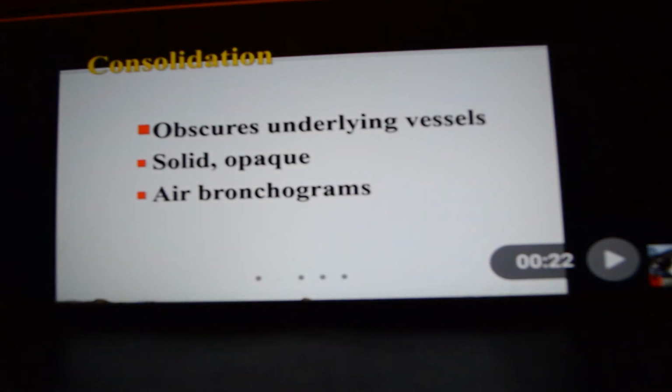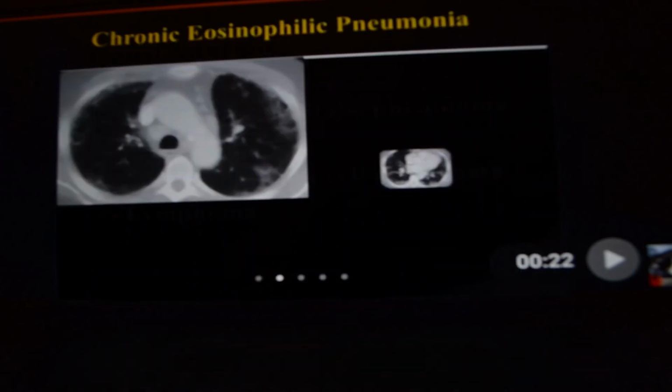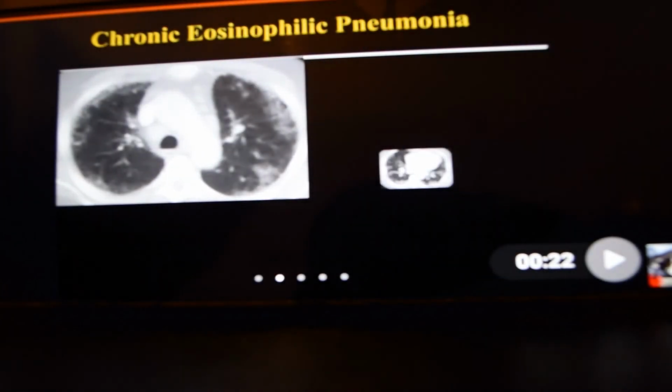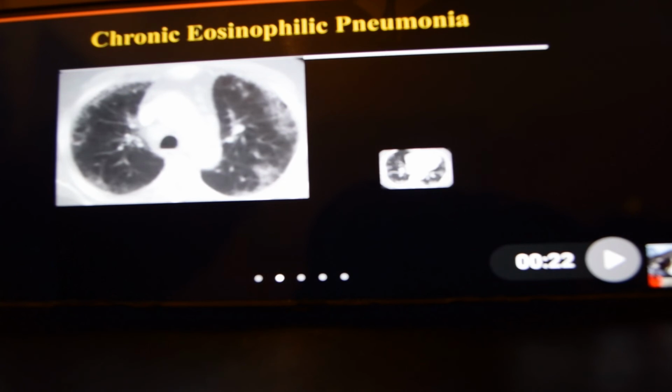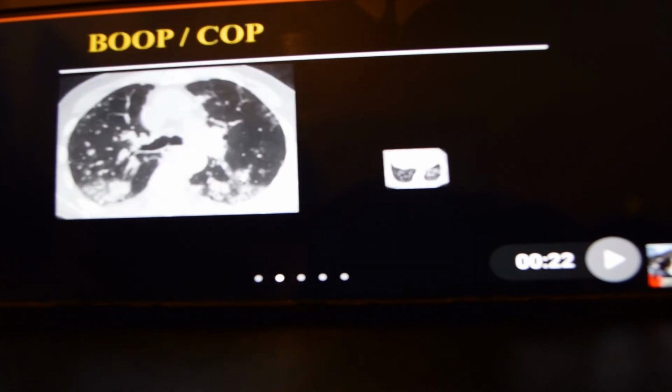Consolidation we see daily, and we know that the hallmark of consolidation is air bronchogram, and this is a case of chronic eosinophilic pneumonia with peripheral ground glass opacity, thickened interstitial septa, and a few areas of interstitial thickening.